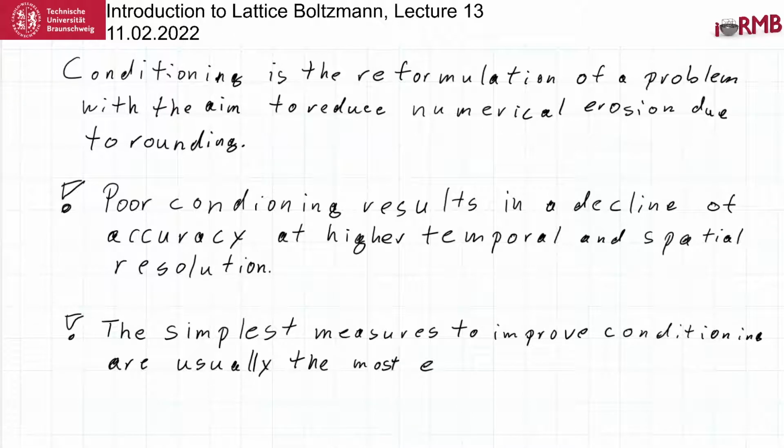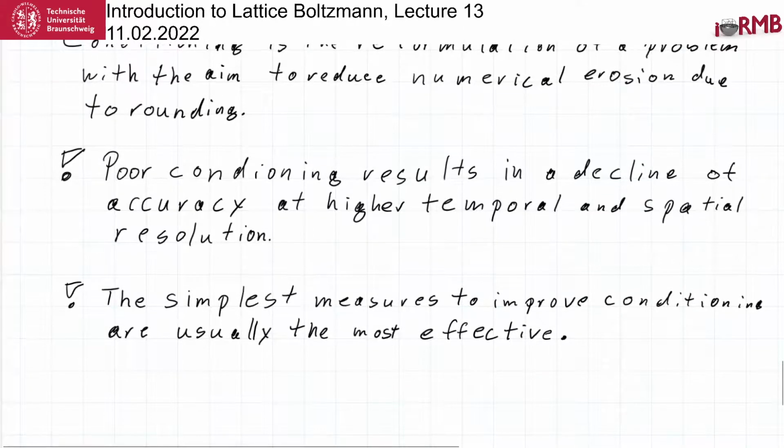By the way, what most people simply do, I mean, maybe the simple thing is you change from single precision to double precision, or even to quadruple precision. However, this is not necessarily simple. I mean, this is simple to do in coding, but this makes your code, of course, much slower.